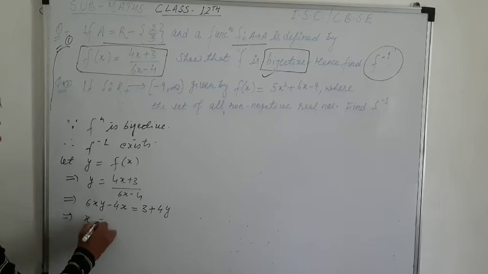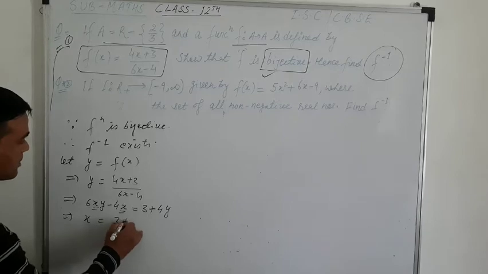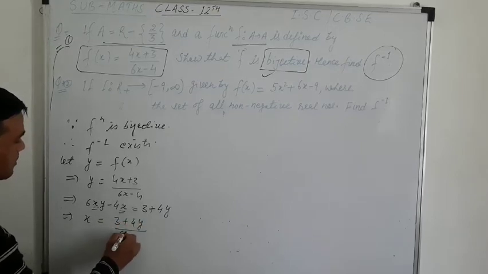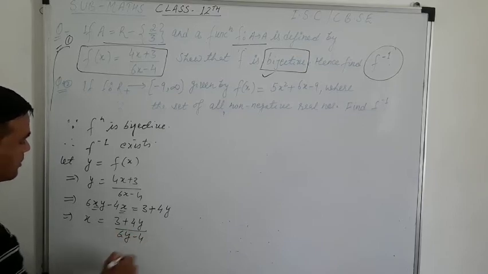After taking x common from the left side, we get x is equal to (3 plus 4y) upon (6y minus 4).